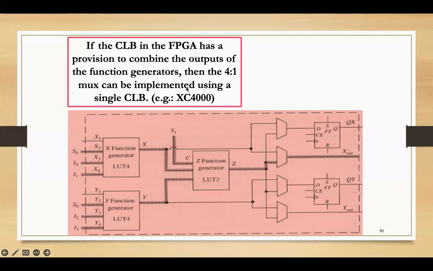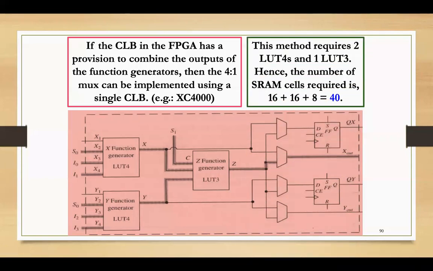Then mux can be implemented using a single CLB, configurable logic block. This was implemented in the XC4000 series. So you have your function generator 1, 2, and these are passed here. You just have the mux here, and then the final output.